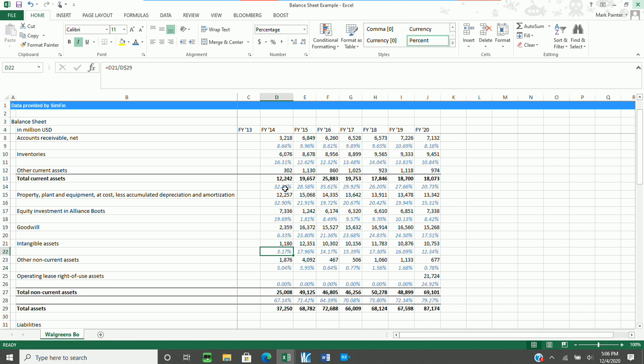This is just something to look at, because one of the things that happens with these is usually it's from some type of acquisition where you're paying for a brand, or you're paying for an intangible asset, might be a patent or something like that, where it's not like inventory or a piece of equipment that you can go out and touch. It's something that provides value, but you can't touch it.